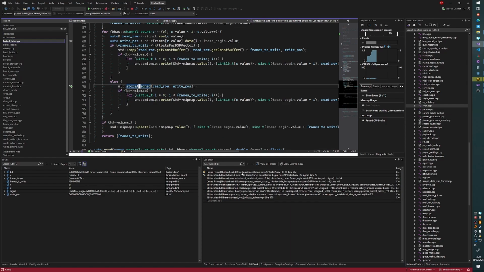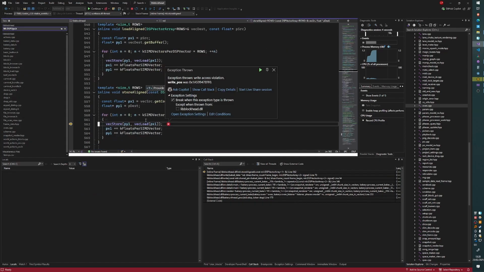So this is basically trying to store 64 floats from here into here. So I'm assuming that there's at least 64 remaining slots in this output buffer.